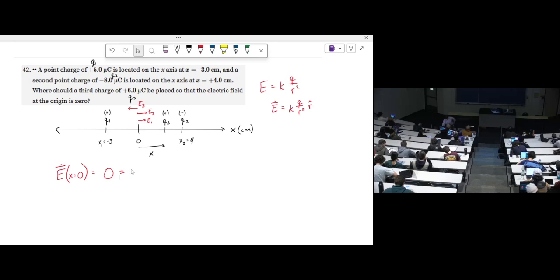So from charge 1, I get k times Q1 over x1 squared. And then the direction, r hat, here, this is r1. That's in the minus i hat direction. Right? I think I've got that written down correctly. Something. No.